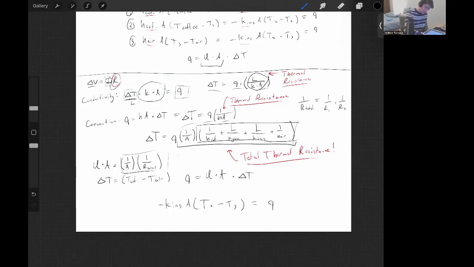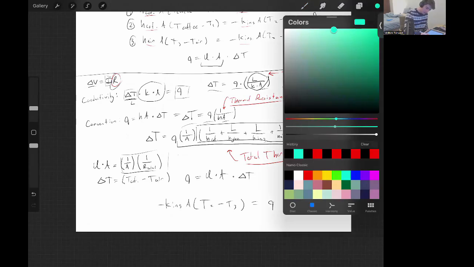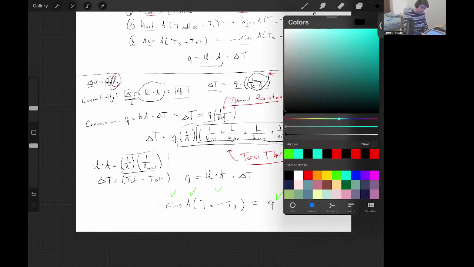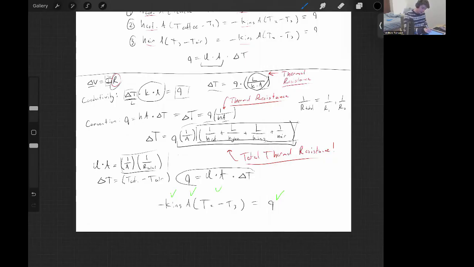Now that we know Q, do kind of like a checklist here. I want green. Green means good. So now that we know Q, we can relate this to all terms. We'd be able to solve for the thermal conductivity, the area, and the overall change of temperature, thanks to the equation that we have derived.